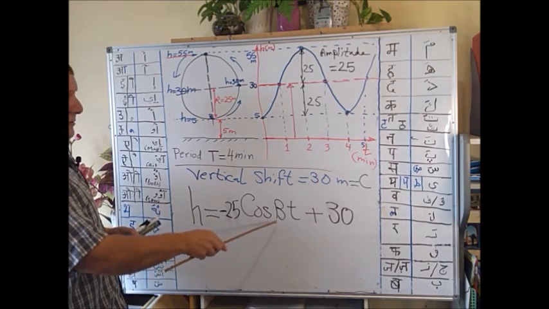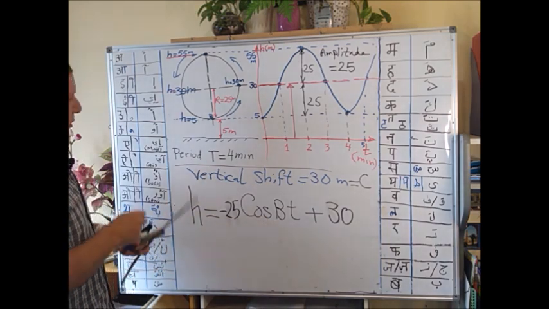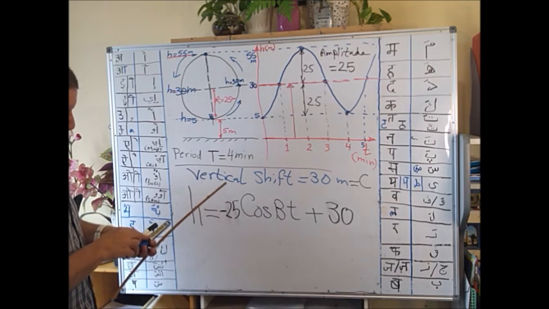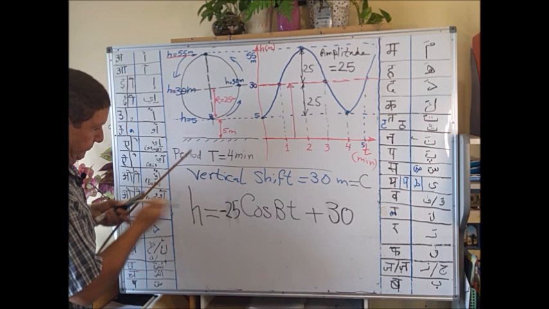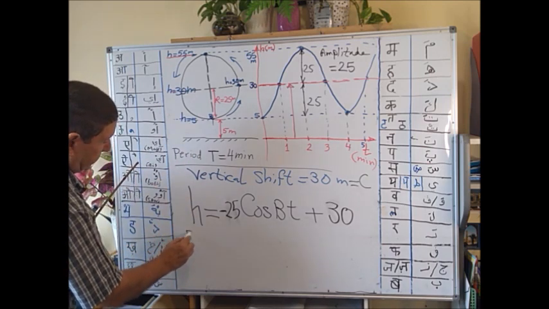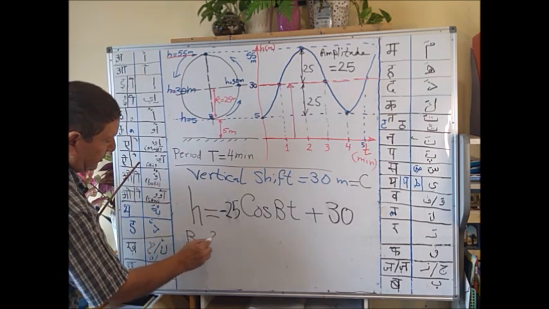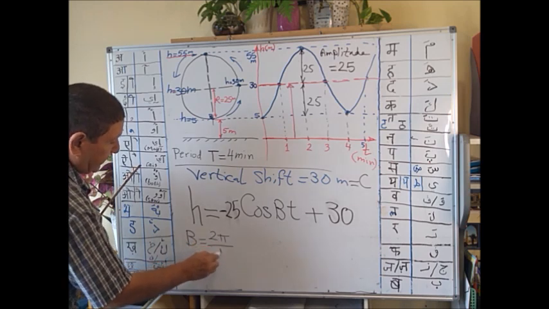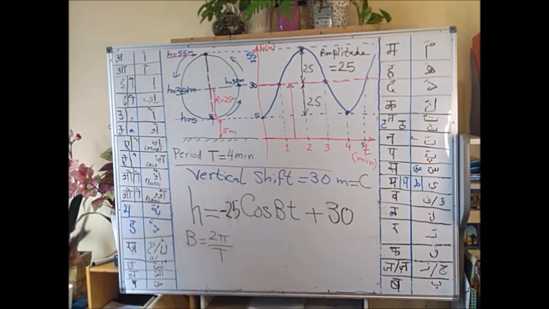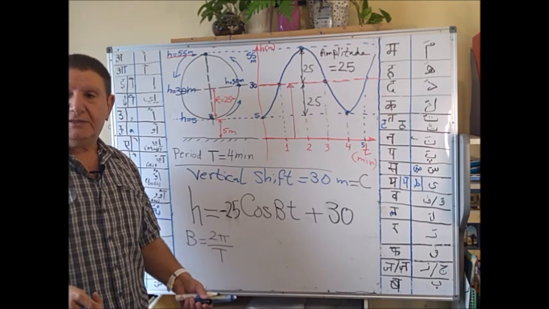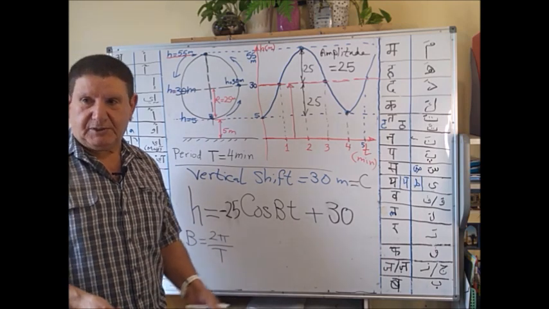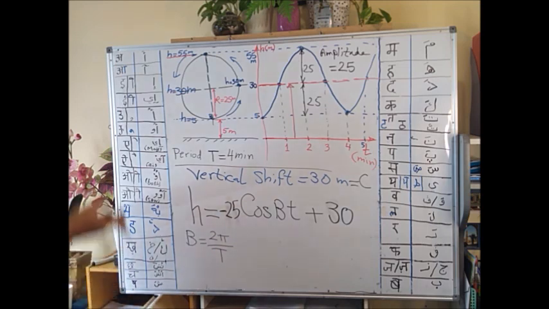Now what we have to do is find B. We know B is related to the period as 2 pi over T. This is the relation. What is B? B is the frequency of rotation: how many rotations, for example, per minute, or based on whatever units you use.